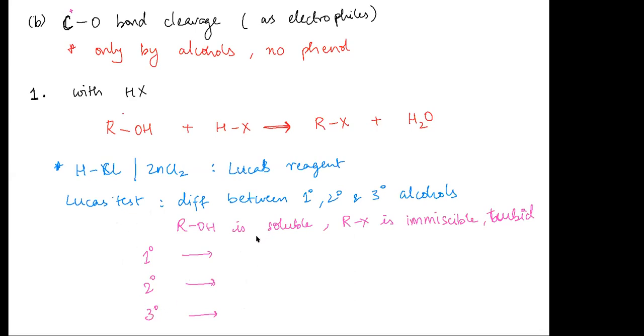So when you do the Lucas test, tertiary alcohols will show immediate turbidity. In the case of secondary, it is delayed, and for primary there will be no reaction at room temperature.